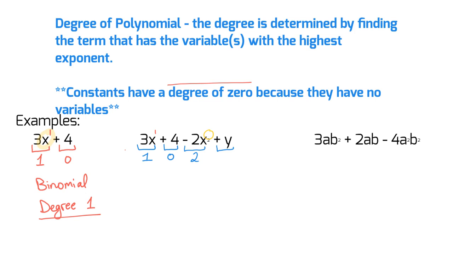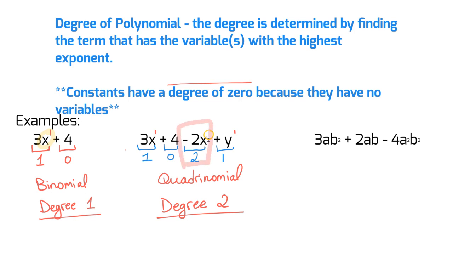Our last term doesn't have an exponent, but it is a variable, so this has an exponent of 1. So this is degree 1. Overall, this gives us a quadrinomial of degree 2. This is because the term that has the highest exponent is this one right here. So we're not adding anything together, we're just looking at the individual terms and finding the highest exponent.